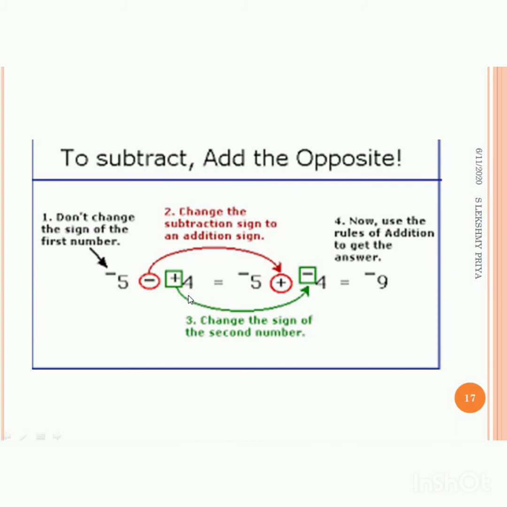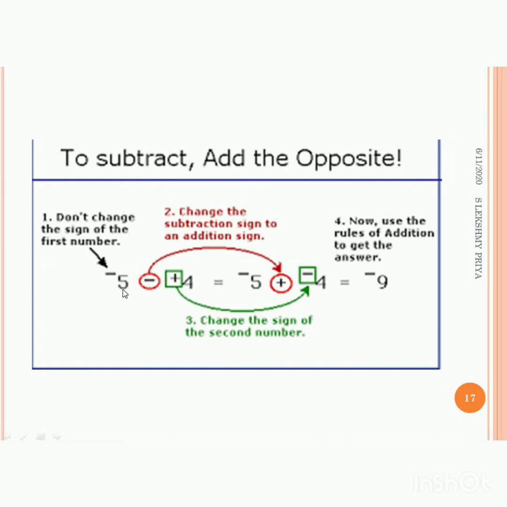The second integer 4 is a positive number. What was the rule? Subtracting an integer from another means adding the additive inverse of the second integer to the first number. So here we are going to find the additive inverse of 4. What is the additive inverse of 4? Correct. It is negative 4.